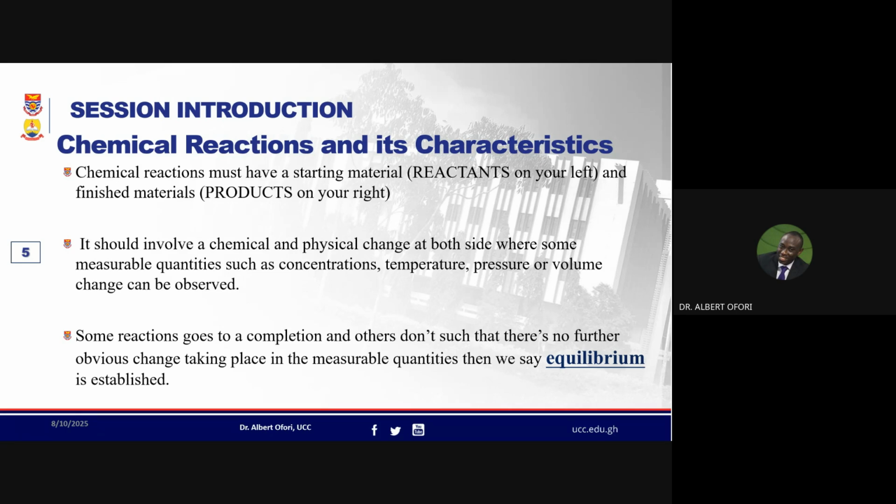I can use concentration to know that the reactant is decreasing, and then the product concentration, which was at zero when nothing was forming, is now increasing. It will get to the point where the concentration of the reactant is not going to be decreasing again, and the product concentration is also not going to be increasing again. At that point, we will say that equilibrium is established.